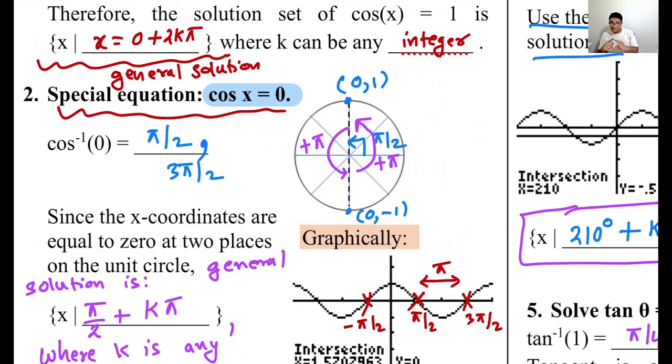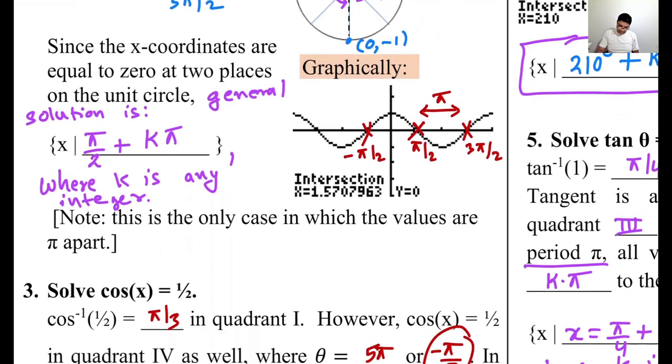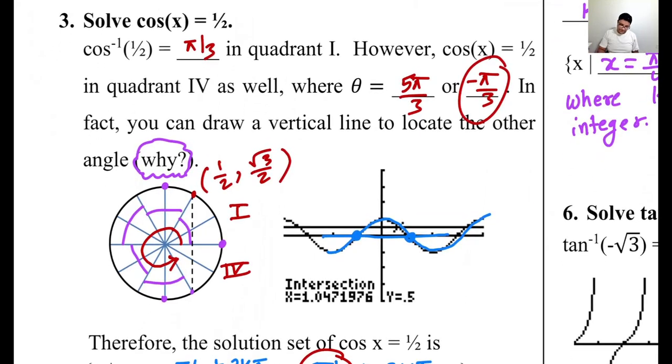That doesn't happen for any other case, right? Because the concept in cosine is to draw this vertical line. And if it is not exactly on the y-axis, the difference between those two angles is not going to be 180 degrees. Okay, it's not going to be pi. No, it's going to be theta and minus theta.